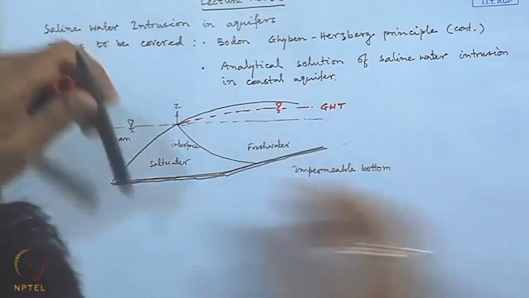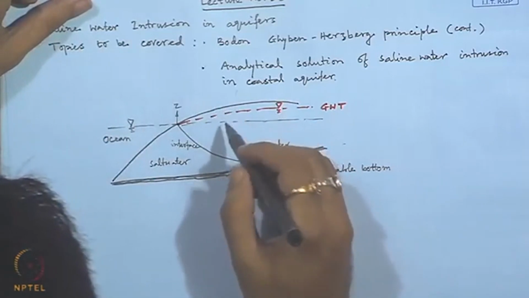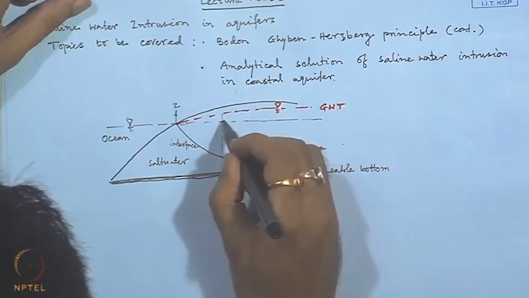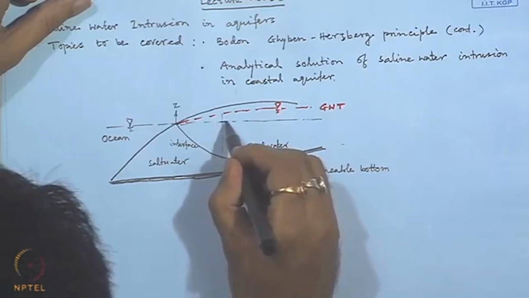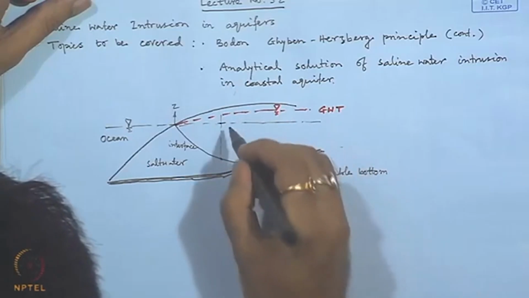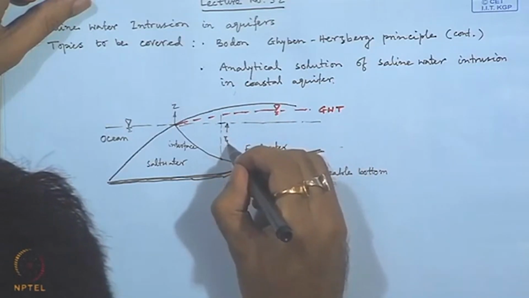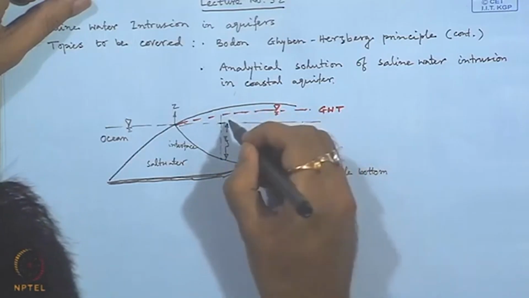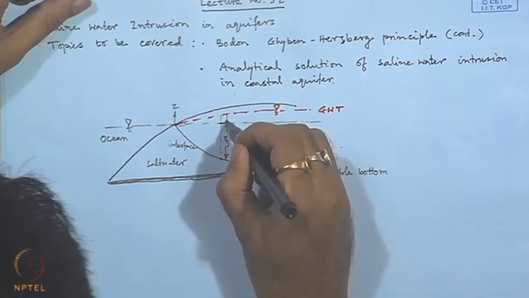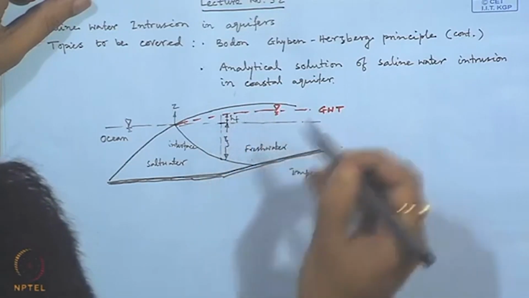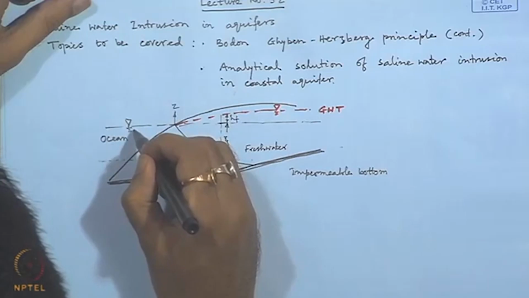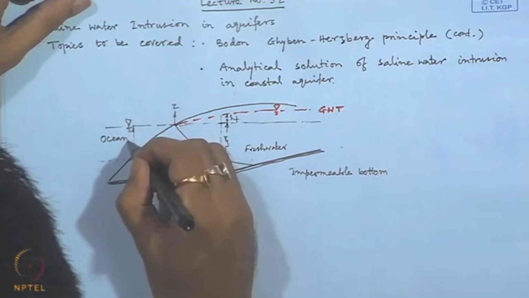So, let us consider any arbitrary section in which the depth below ocean level to the position of the interface, we can denote it as xi, and the head above ocean surface, that we can denote as HF, and the corresponding head in the ocean we can denote as HS.